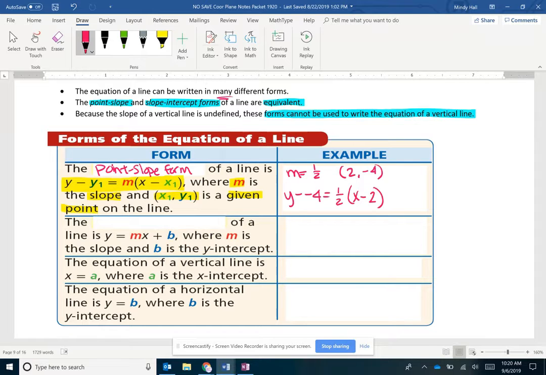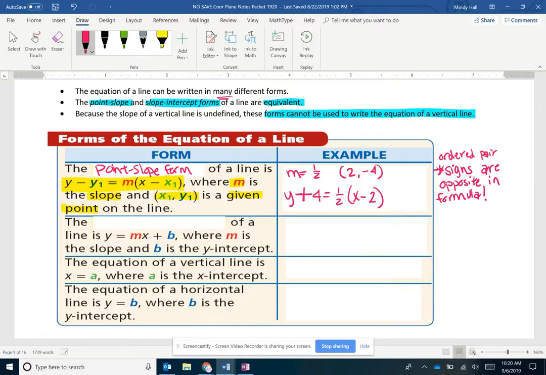Now, over on the left, because we have this y minus -4, that does become a plus. So just something to keep in mind, your signs are opposite for these. Signs are opposite, like ordered pair signs.